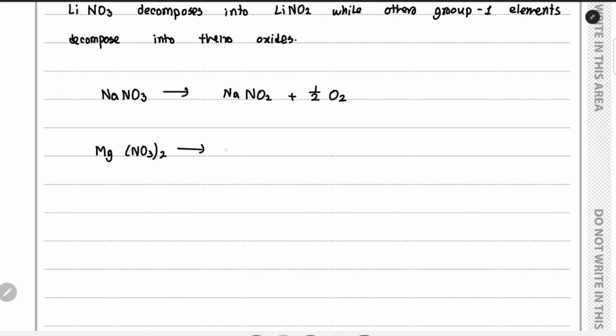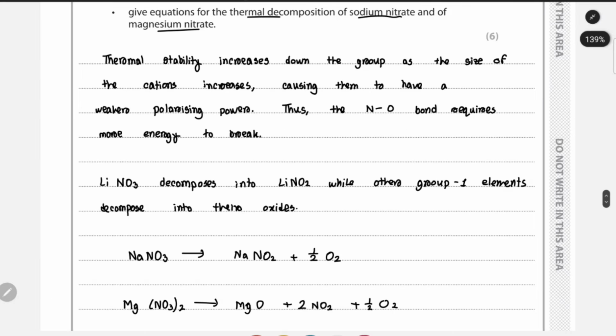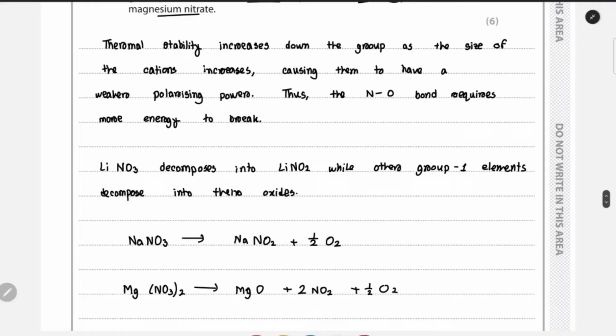This will break down into MgO, NO2 and O2. To balance this, I'll put a half over here and a 2 over here. So this is our answer to question number 6.